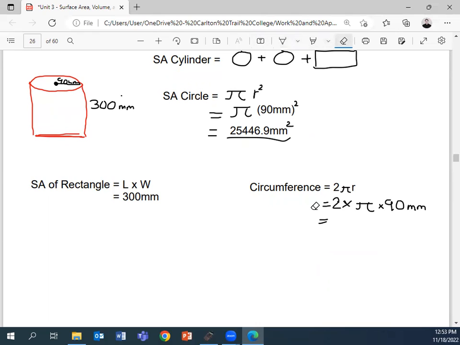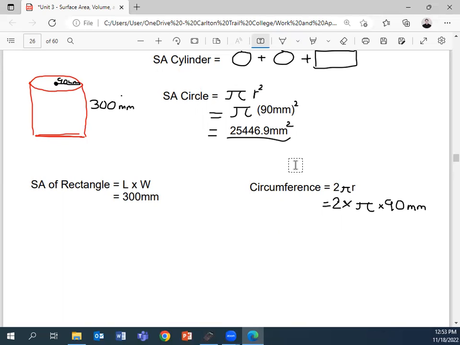Now, there's a 2. Oh, but it's the big 2, right? This means it's just the number 2 times it. Oh, I thought you were doing this other formula. Now, we're not finding the area of it, right? The circumference is different than the area. The area is going to give us millimeters squared. It's a measurement of area. It covers this much space.